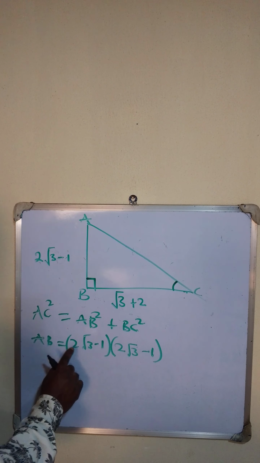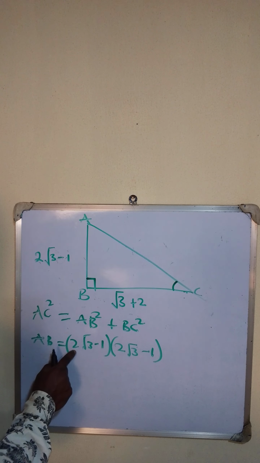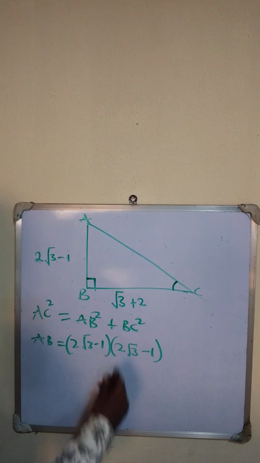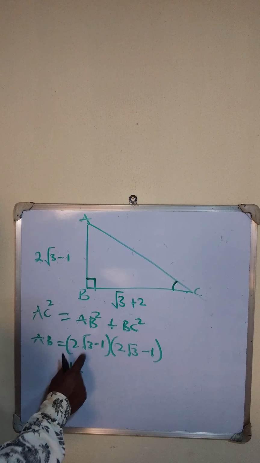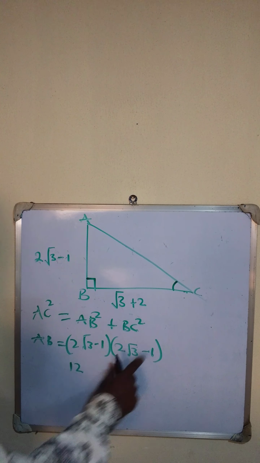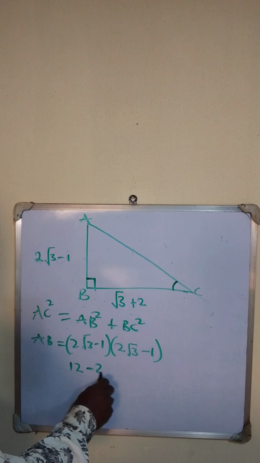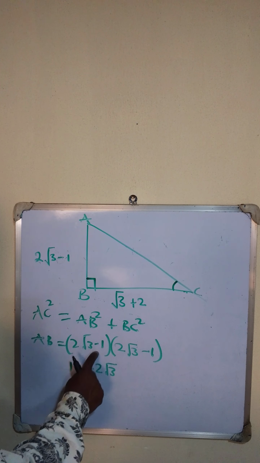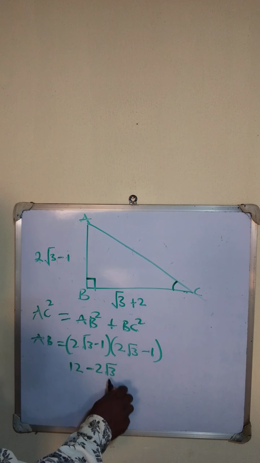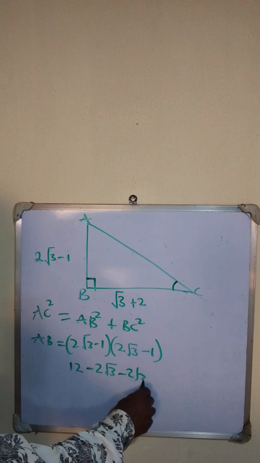So one by one. 2 times 2 will give us 4. Root 3 times root 3 will give us 3. So 4 times 3 will be 12. 2 root 3 times minus 1 will give us minus 2 root 3. Then let minus 1 do the same thing. Minus 1 times 2 root 3 will give us minus 2 root 3.